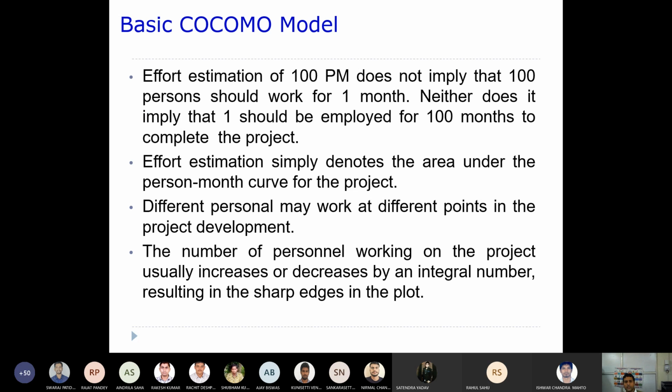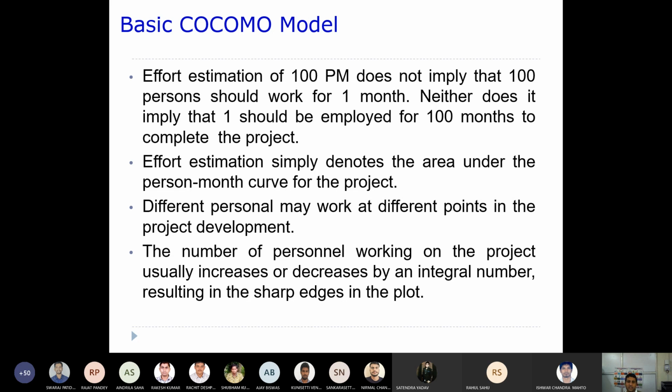A base effort estimation of 100 person-months doesn't imply that 100 persons should work for 1 month. Neither does it imply that one person should be employed for 100 months.